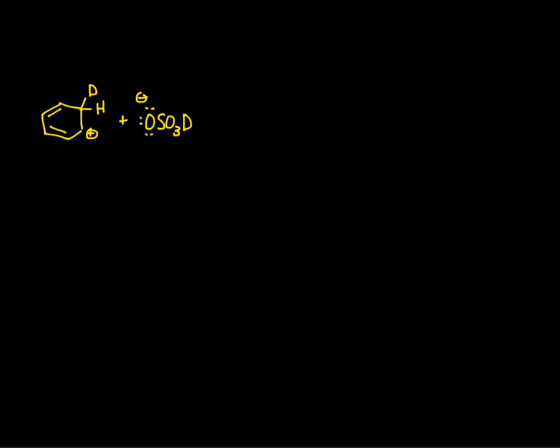And so it's going to remove the proton, the electrons go back into the ring, and you reform the benzene ring, the aromatic system, and now there's deuterium that's been substituted for that hydrogen. And of course now we have monodeuterated sulfuric acid that's generated as well. This is how you make deuterated benzene.